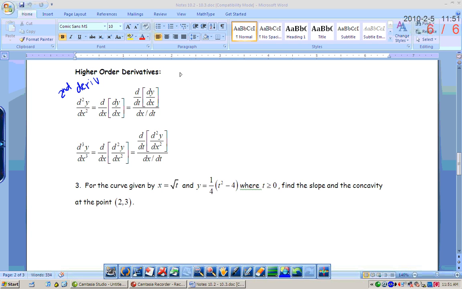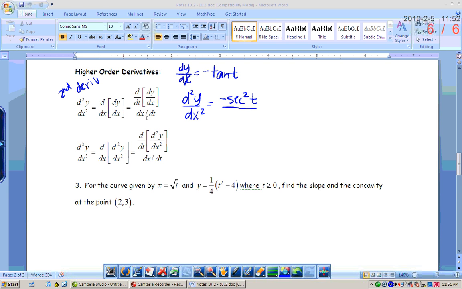Let me take the problem that we just did. We came up with before that dy/dx equaled negative tan t. Is that right? All right. So the second derivative equals the derivative of dy/dx, and the derivative of negative tan t will be negative secant squared t, and then over the original dx/dt.